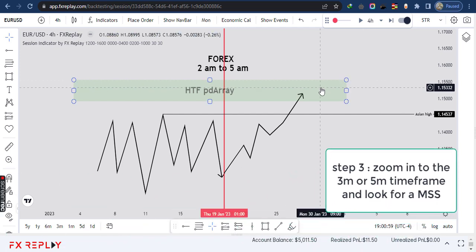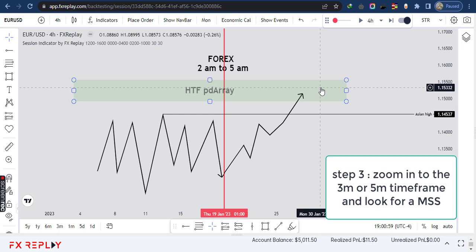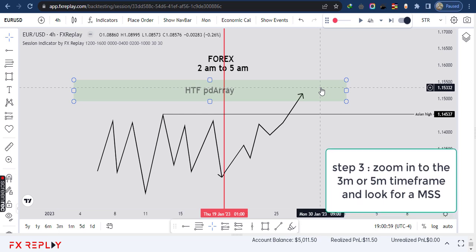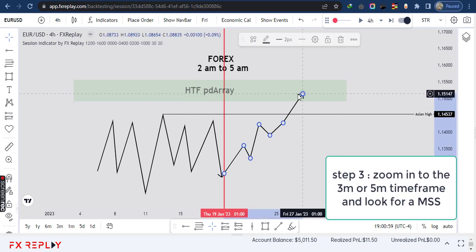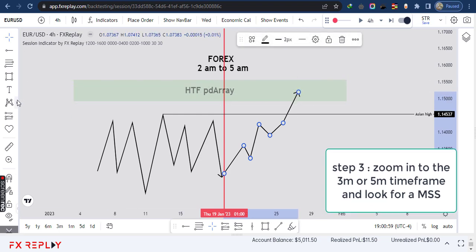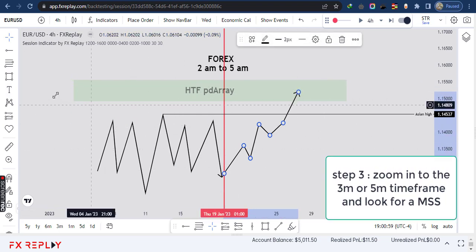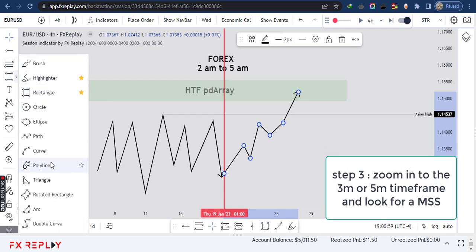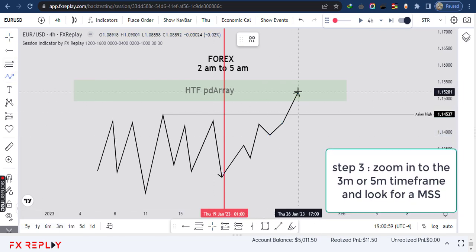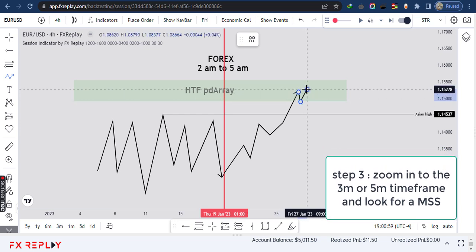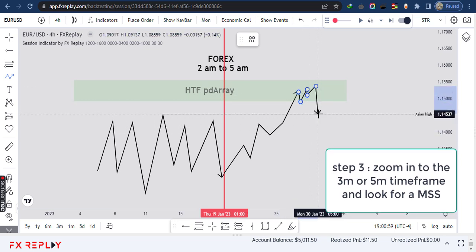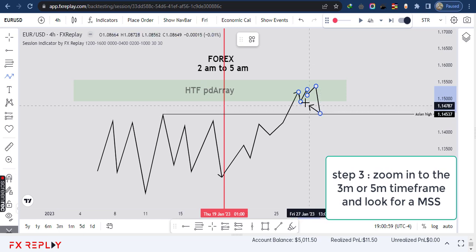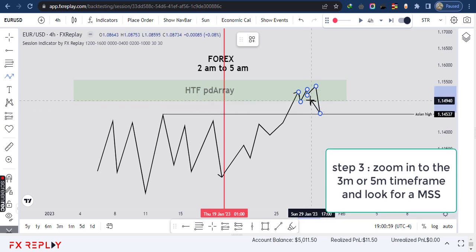So you want to zoom in on the lower time frames here, and you want to see a shift in market structure. So here you want to zoom in and you want to see maybe this displacement and a shift in market structure. So you want to see recent swings get broken.